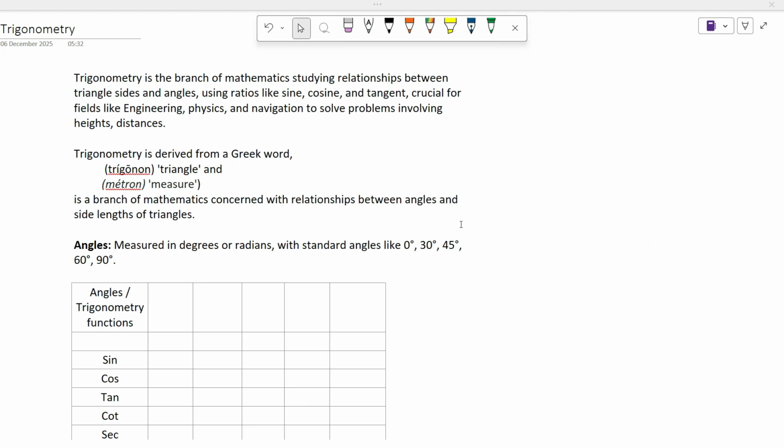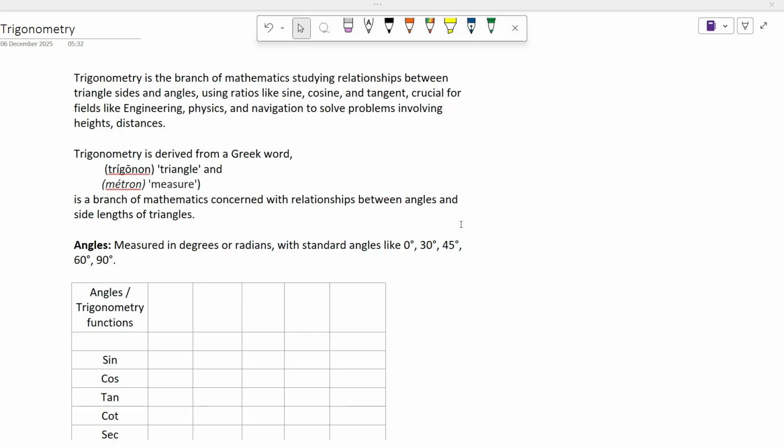Trigonometry is the branch of mathematics studying relationships between the triangle sides and angles using ratios like sine, cosine, tangent, crucial for fields like engineering, physics, and navigation to solve problems involving heights and distances. Trigonometry is a word derived from Greek.